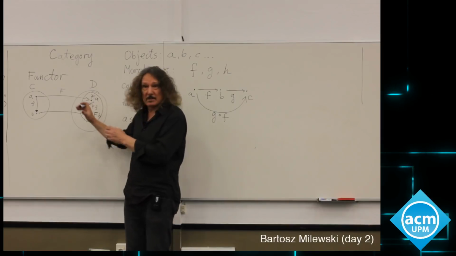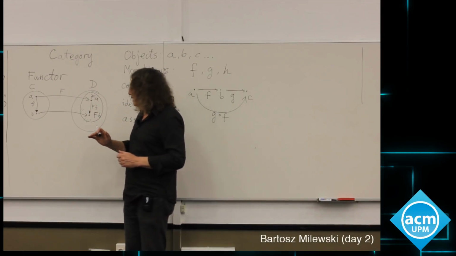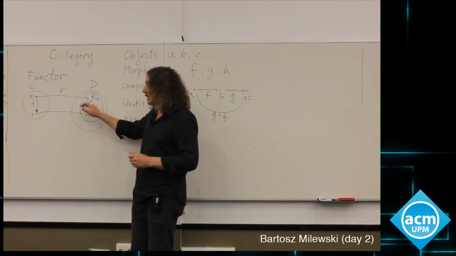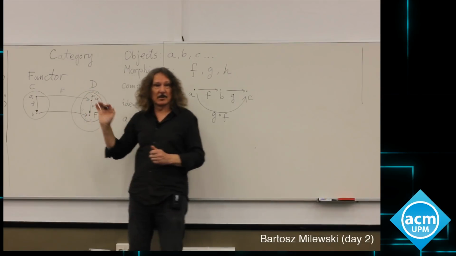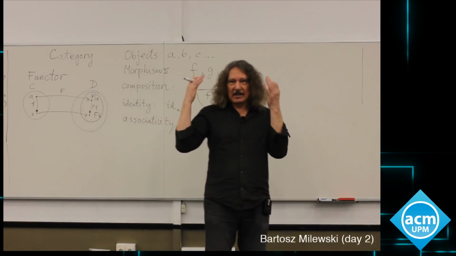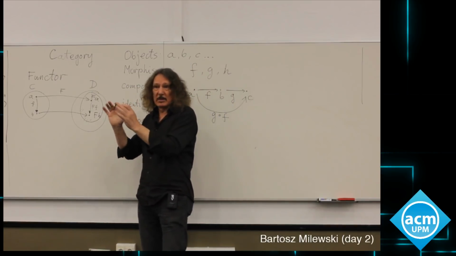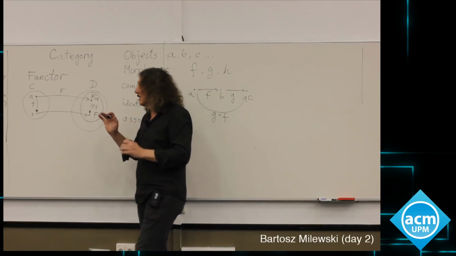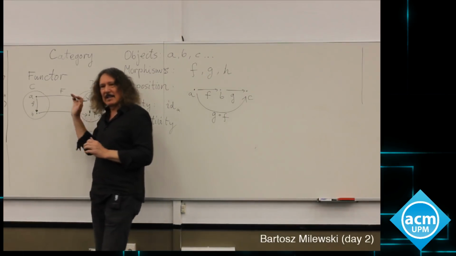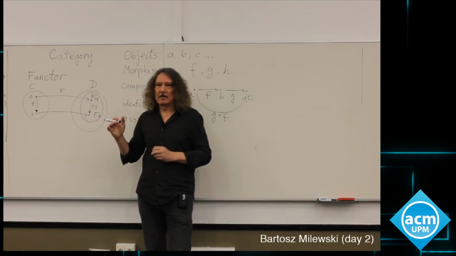It can squish arrows together, right? And it can leave some arrows out here. So not everything is covered by the image of this category. So you have to keep in mind these things, that it's not a one-to-one correspondence. It could be losing some information, okay? So we always deal with these things that lose information in mathematics.